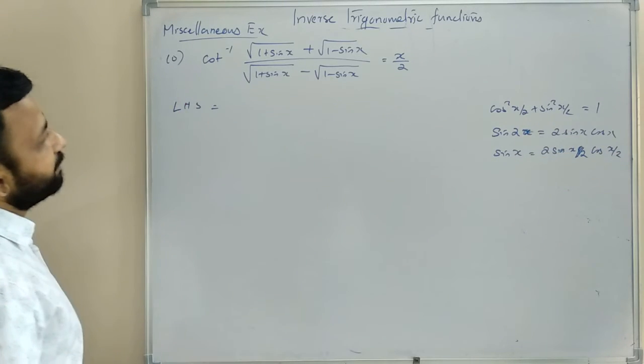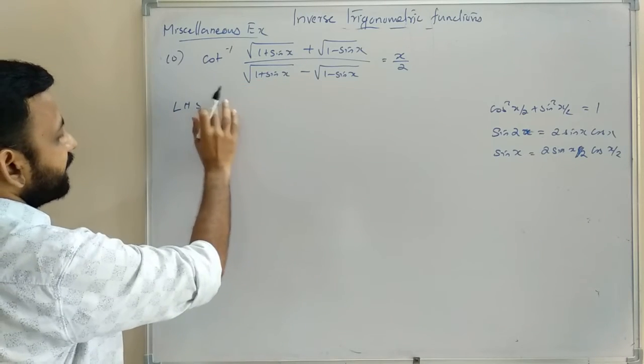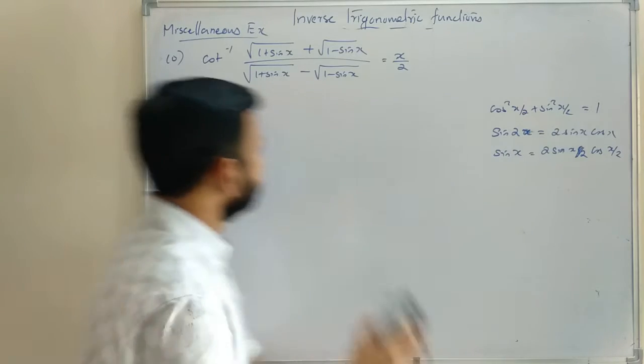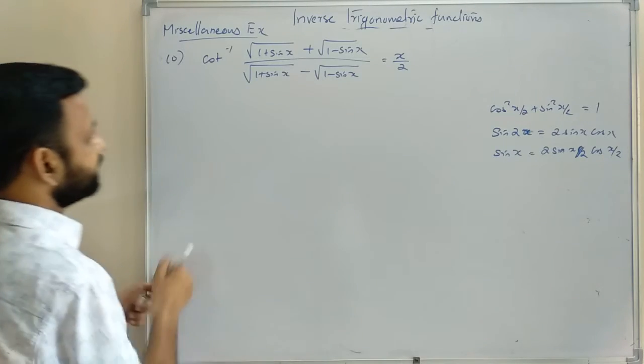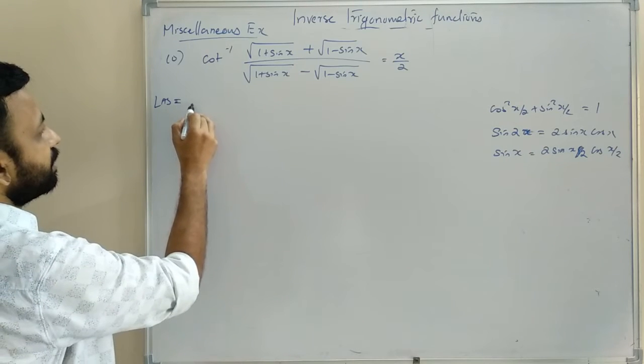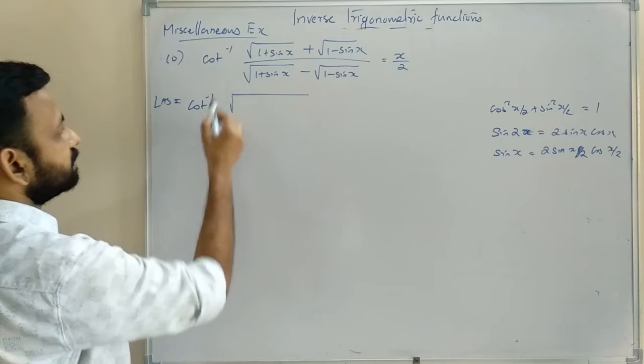So we will replace the 1 in the LHS. We will write here the left side LHS equal to cot inverse of under root 1.